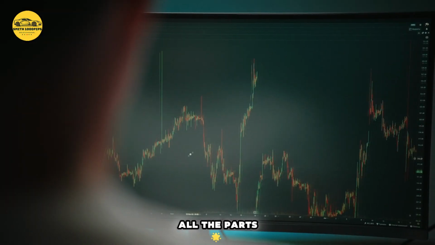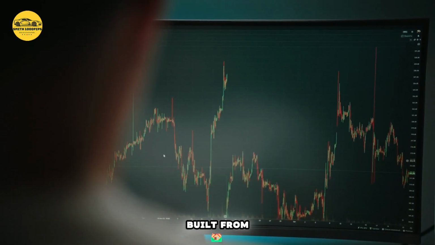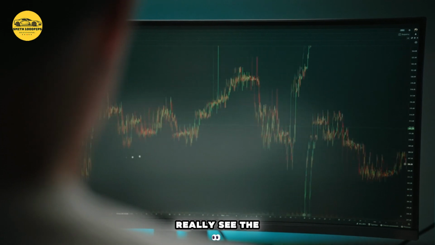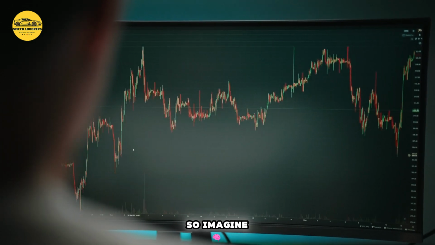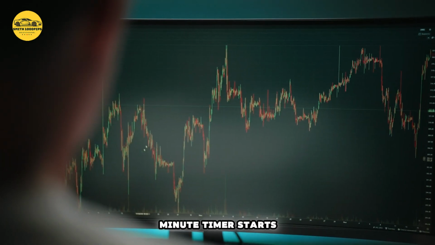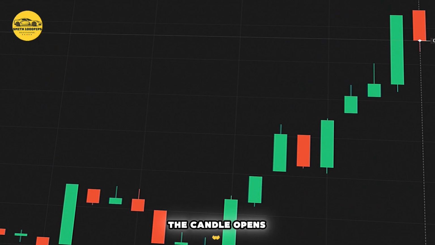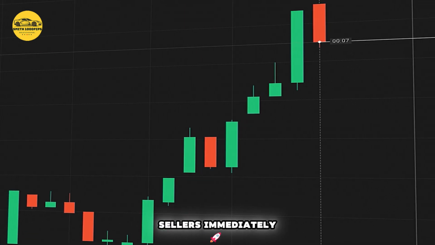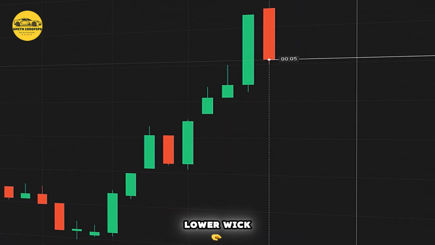Now that we know all the parts, let's actually see one get built from scratch. Watching the price action, the actual movement, is where you really see the story come to life. So imagine a 5-minute timer starts. First, bam, the candle opens at a certain price. Then, maybe sellers immediately push it down, which creates that lower wick.